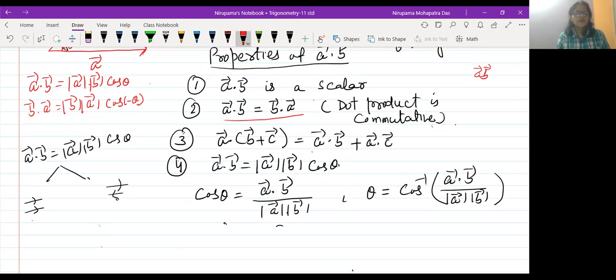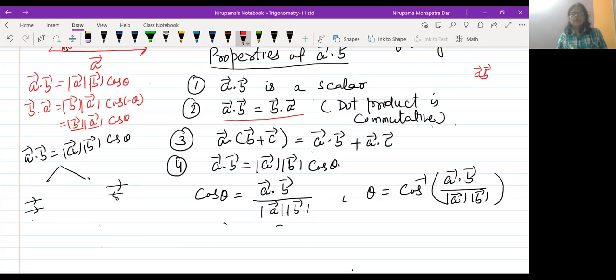So you are getting magnitude of A, magnitude of B, and then cos theta. Either you write A into B or B into A, that is the same thing. The product of any two numbers is commutative. Magnitude of B is a number, magnitude of A is a number, so whether you write A, B or B, A, no problem.